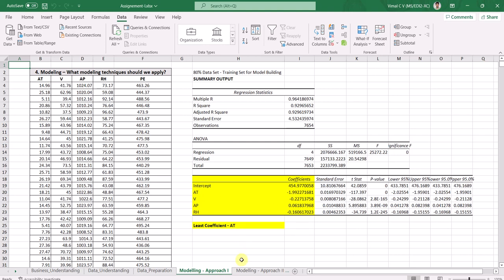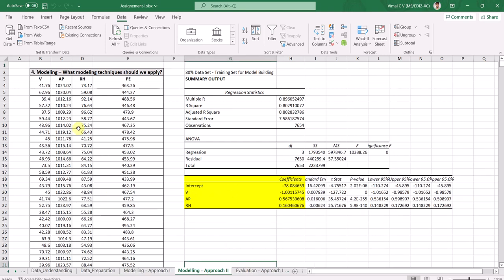So in the next modeling approach, I'll remove this feature and calculate the coefficients again. Here I removed the AT ambient temperature and again calculated the regression statistics. Finally, you can see the coefficients for these three features, considering the three features. And again, we are using the same 80% data set which we used in approach one.